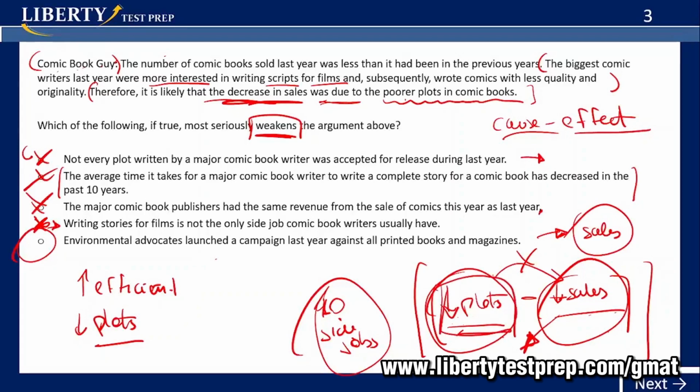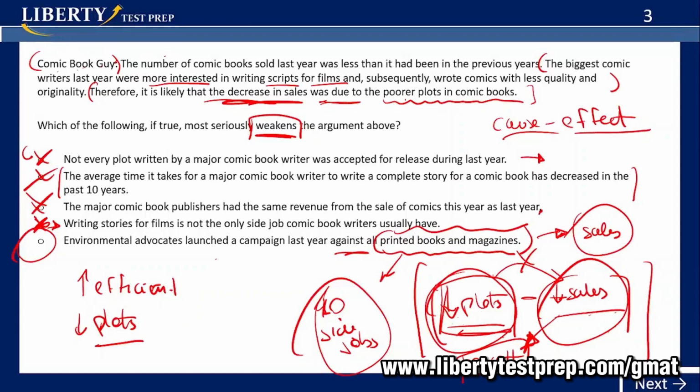Maybe it is because of this boycott by these environmental advocates, right? They're boycotting basically all printed books and magazines, which of course comic books fall into this category. So it might be because of this boycott that the sales have decreased, and actually it has nothing to do with the plot or with the decrease in the quality of the plots.